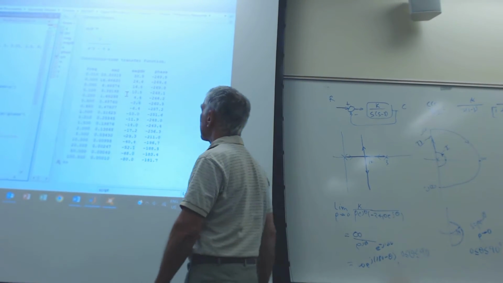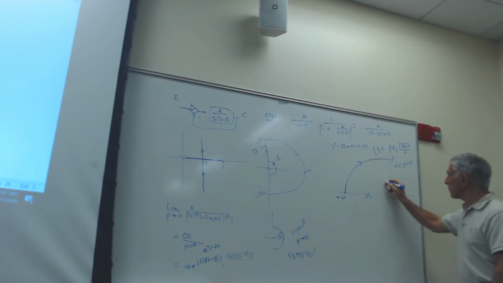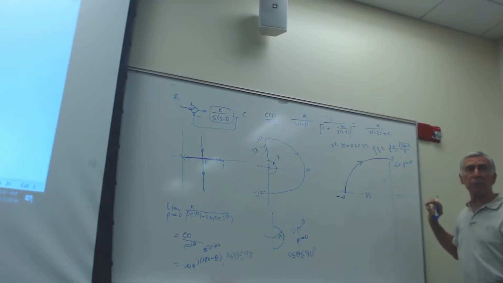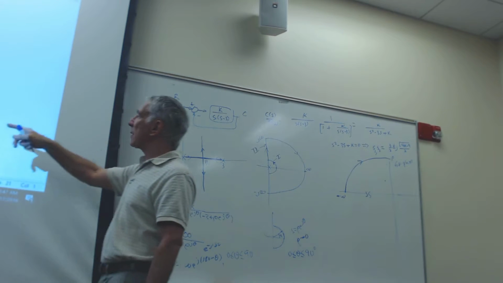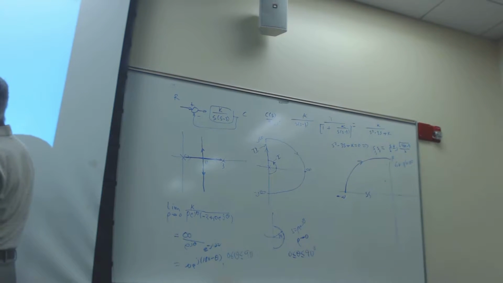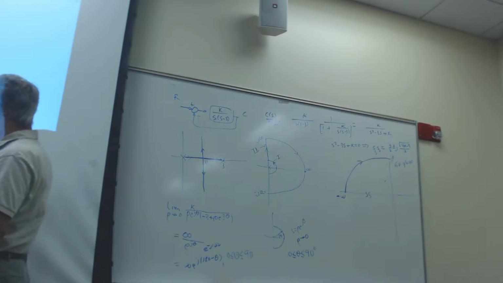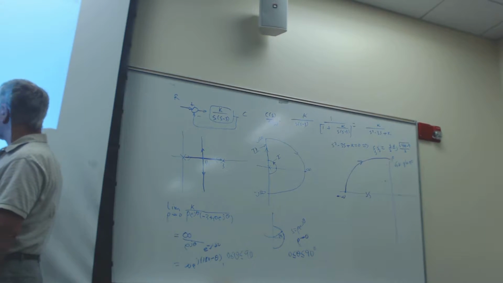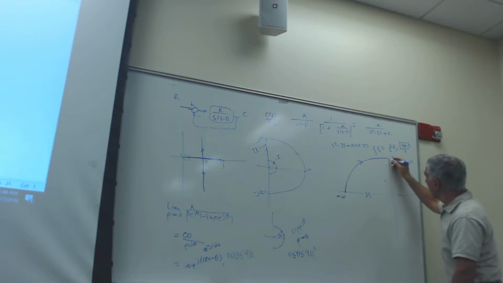Again, it's magnitude and phase: minus 251 for phase and magnitude of 0.3. What you can see is that as the frequency increases, the magnitude is getting smaller and smaller, and the phase is approaching minus 180. That is minus 188, minus 183, minus 181, which means that it's coming down like this.